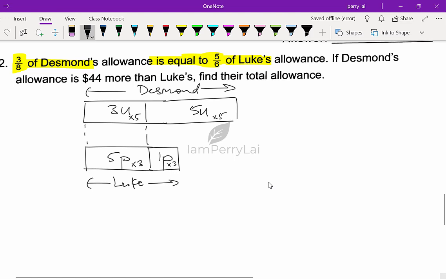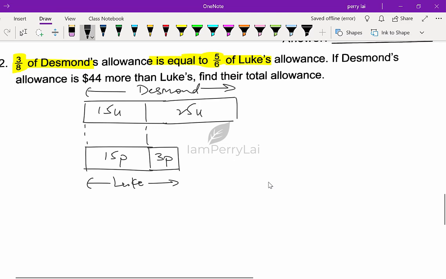So what you have now is 15 units of this is equal to 15 parts of this. Then this is now 25 units, and now this is 3 parts. And now it all makes sense, right?